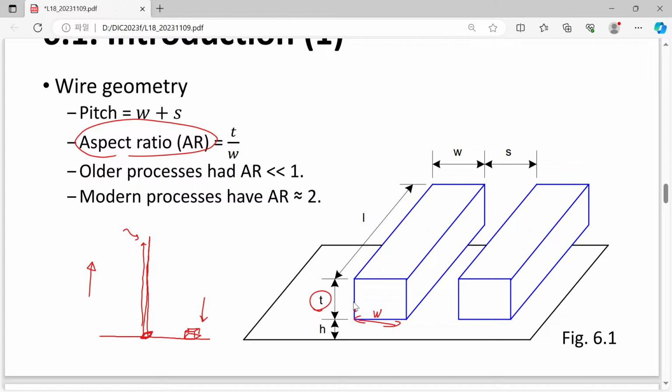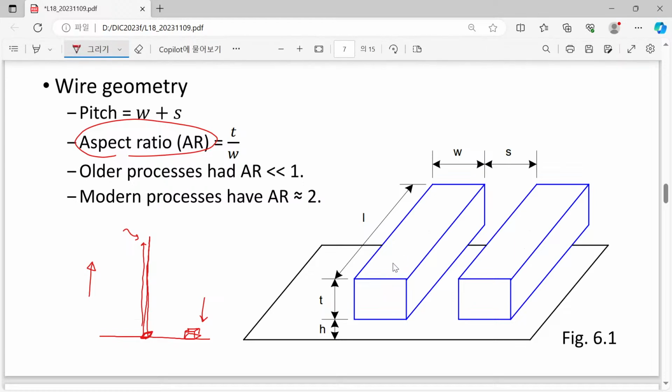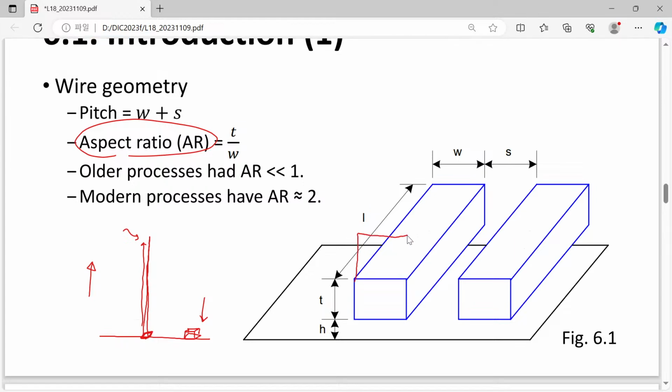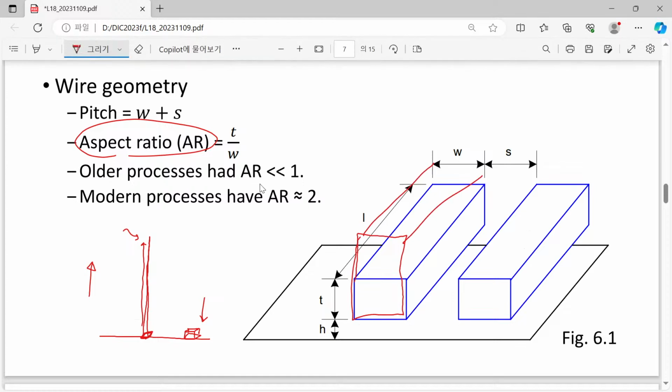Let me ask you once again the same question. In this metal line wire, if we increase the aspect ratio, what will happen? Then it corresponds to this tall wire. And if you have a low aspect ratio, it corresponds to a relatively short wire.